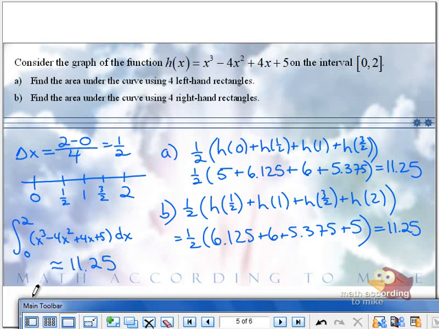If we got different answers, then we would have written the smaller number is less than or equal to the integral is less than or equal to the bigger number. That's what I wanted to go for. But alas, I did not check my work.